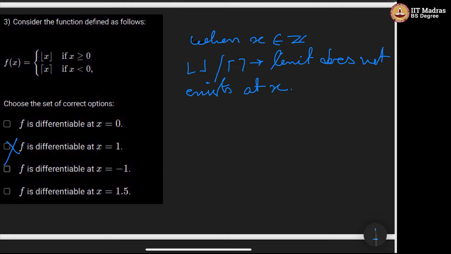Hence clearly these two options are incorrect, because if the limit doesn't exist, the function is not continuous, and hence obviously it's not differentiable at 1 and -1.